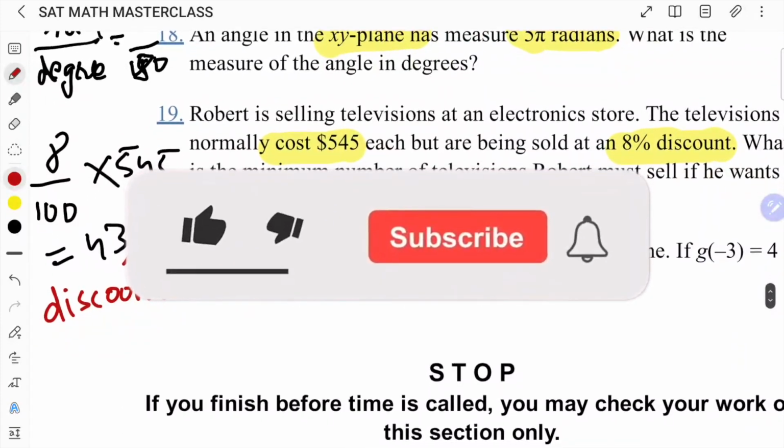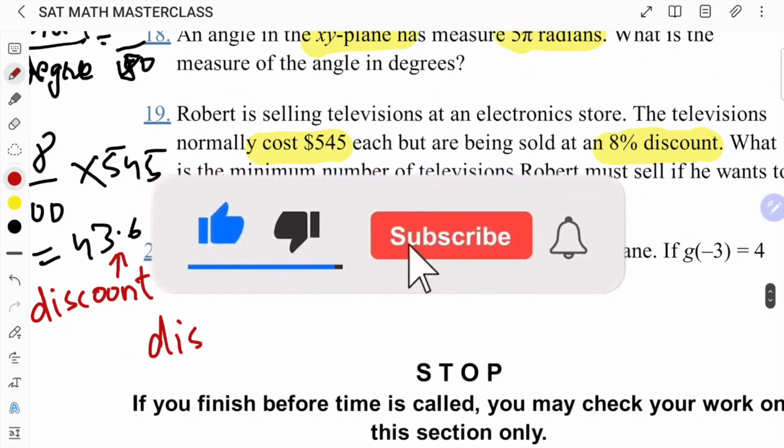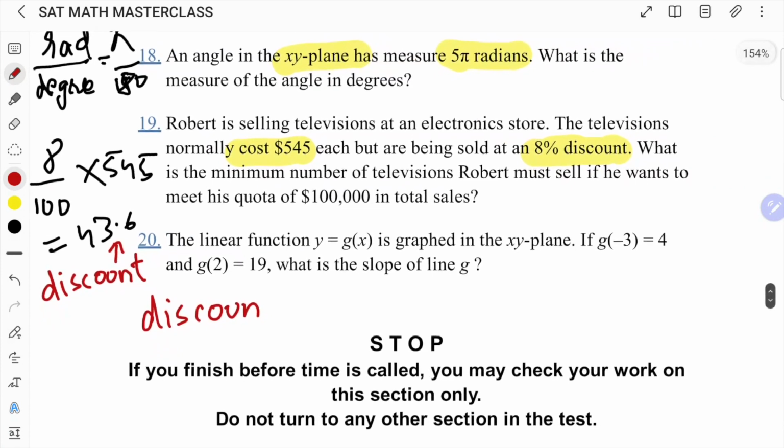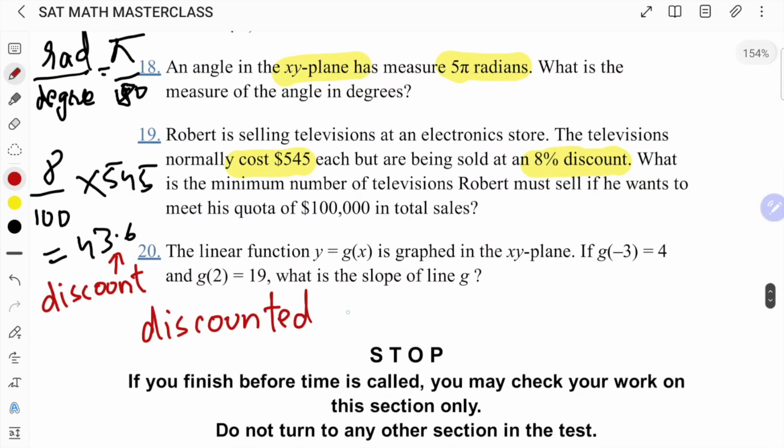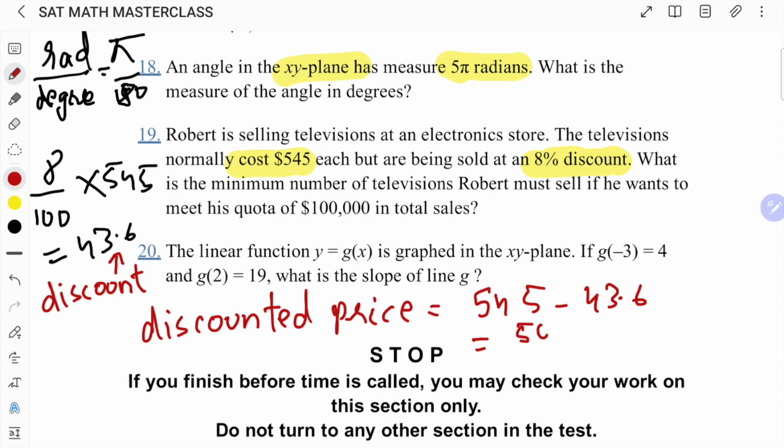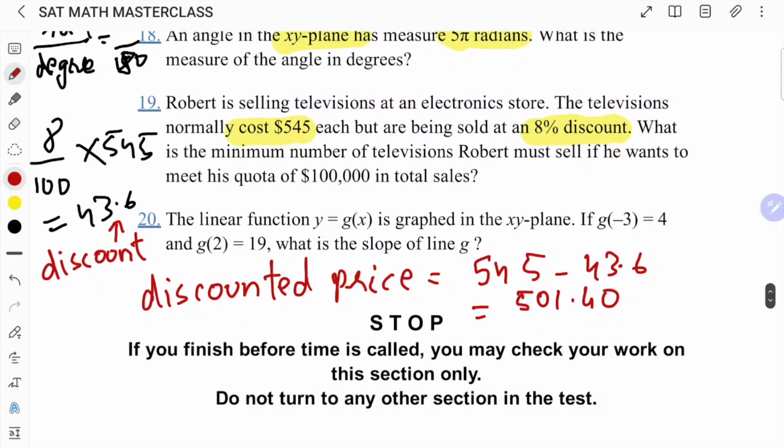Now, the discounted price will be equal to 545 minus 43.6, which equals 501.4.